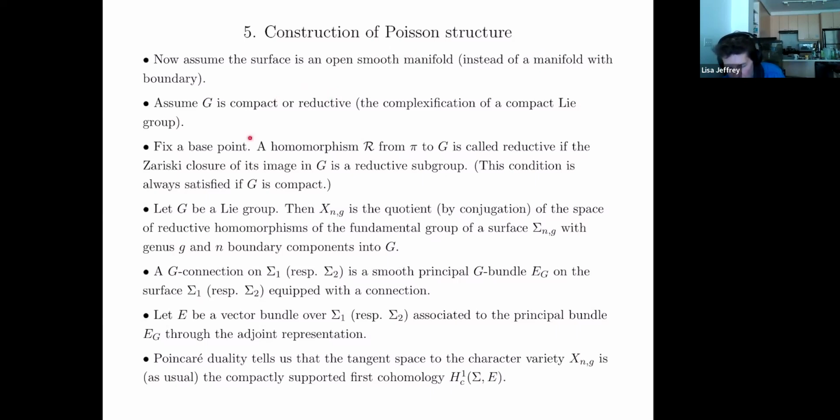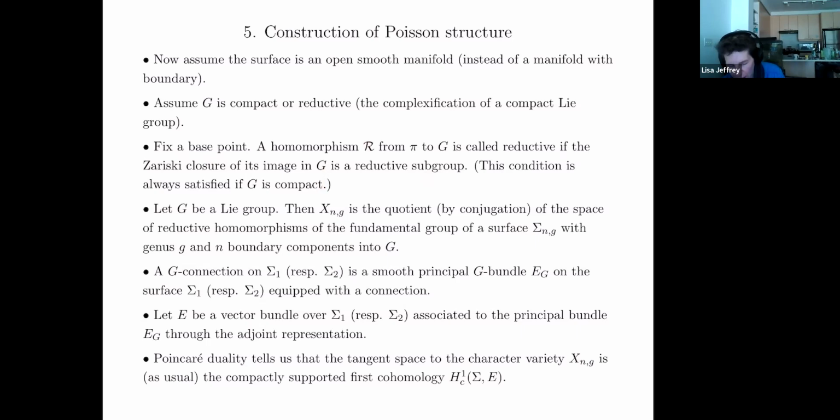We fix a base point, and a homomorphism from the fundamental group of the surface to G is called reductive if the Zariski closure of its image in G is a reductive subgroup. This is always satisfied if the group is actually compact.